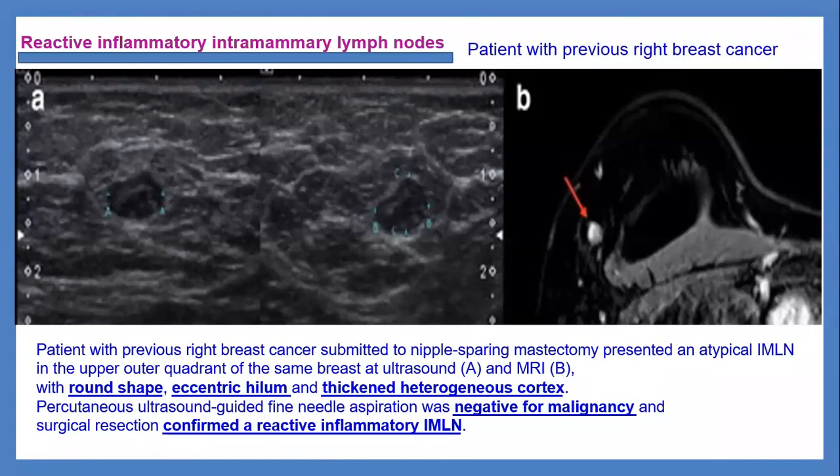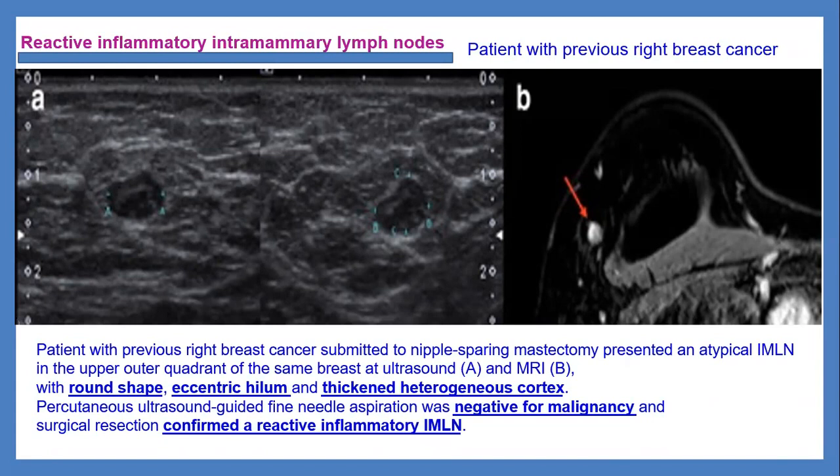The patient had previous right breast cancer, submitted to nipple sparing mastectomy, and presented with an atypical intramammary lymph node in the upper outer quadrant of the same breast at ultrasound and MRI, as you described. Yes, they described it as round. Excellent.